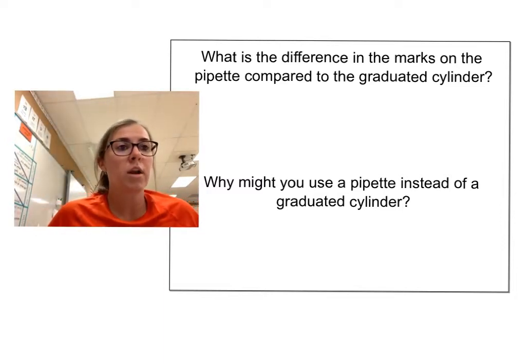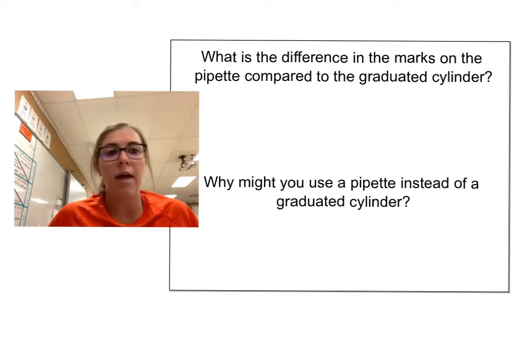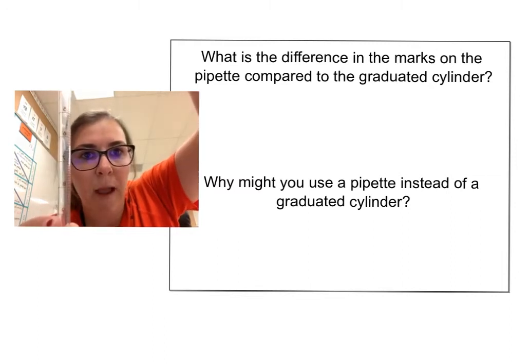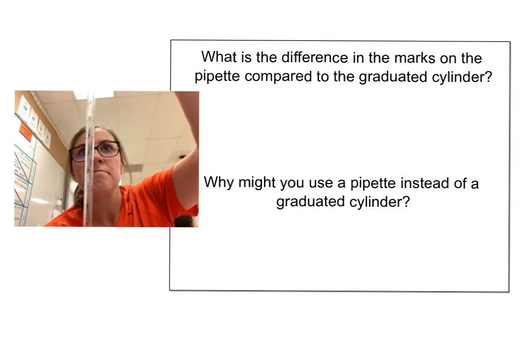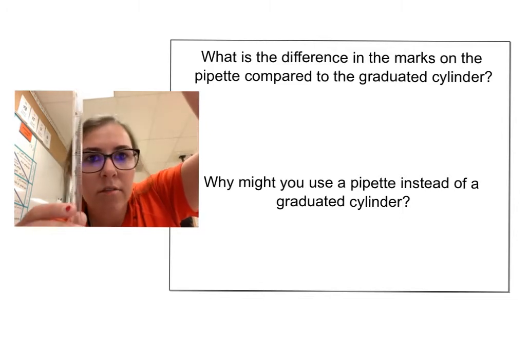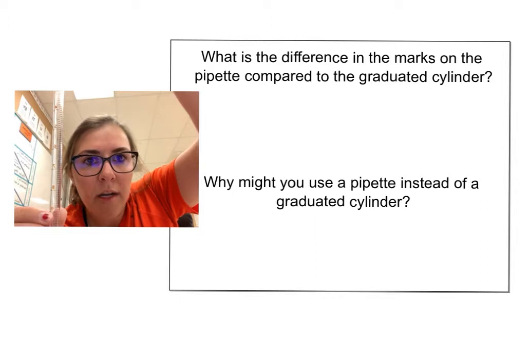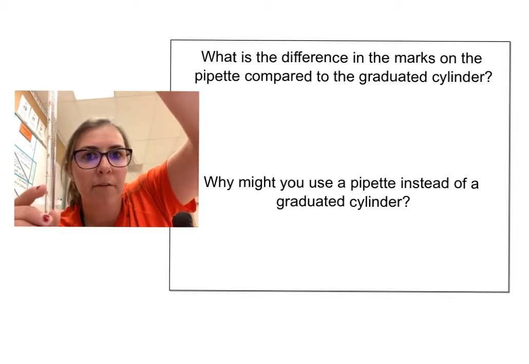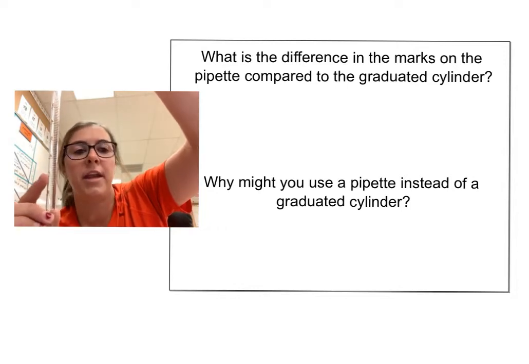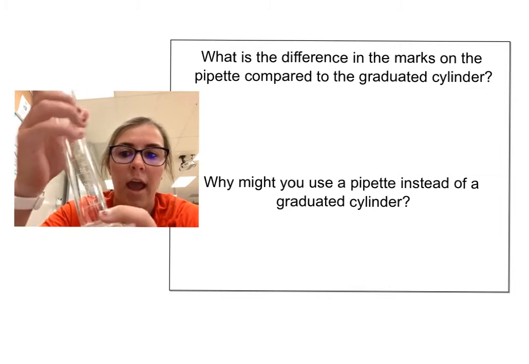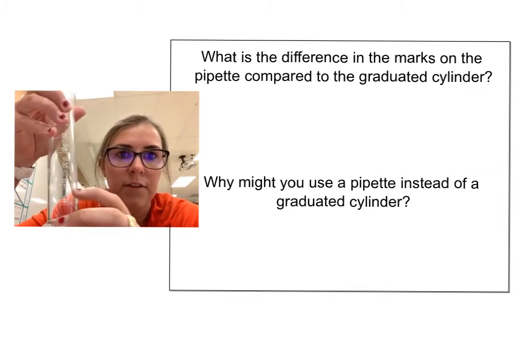So first, what are the difference in the markings? I want you to add that answer into your notes. And then why might I choose to use this volumetric pipette? Let's say I need 10 milliliters, 7 milliliters. Why might I use this guy where it has markings for between 8 and 7, so 8.1, 8.2, 8.3, 8.4, 8.5, 8.6, 8.7, 8.8, versus this guy where it would only have markings at each one, like 11, 12, 13, 14, 15.